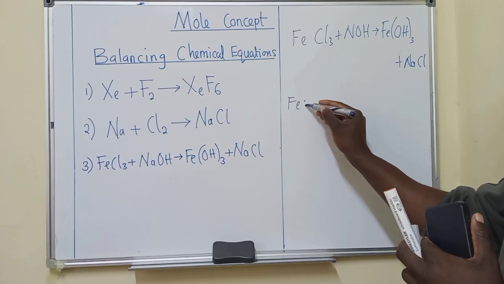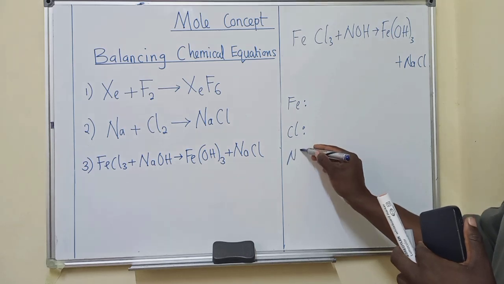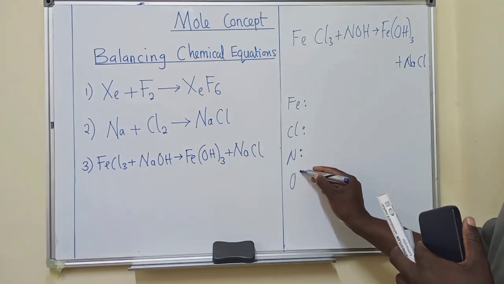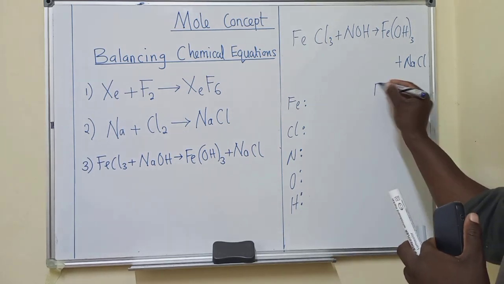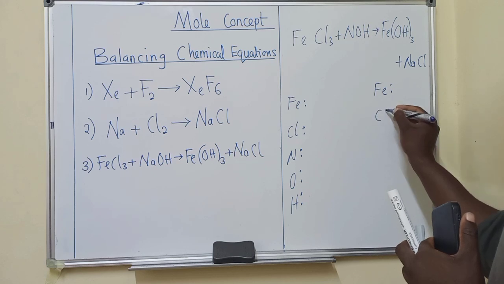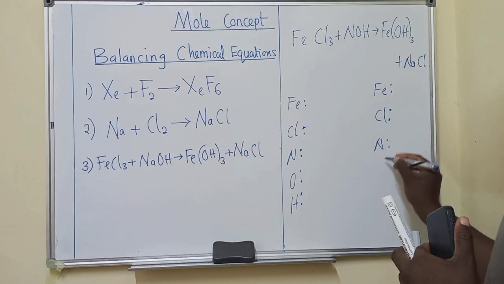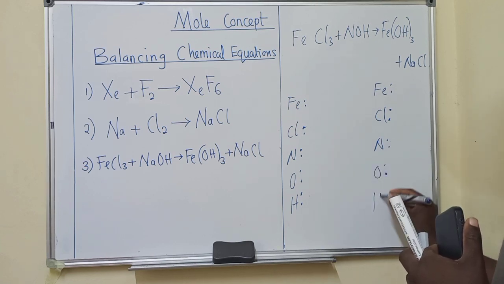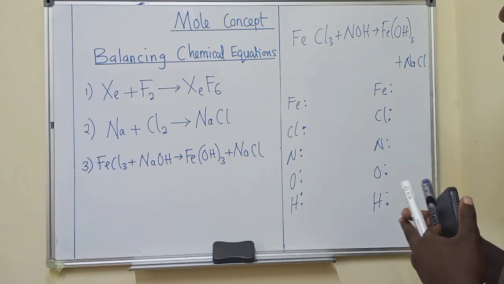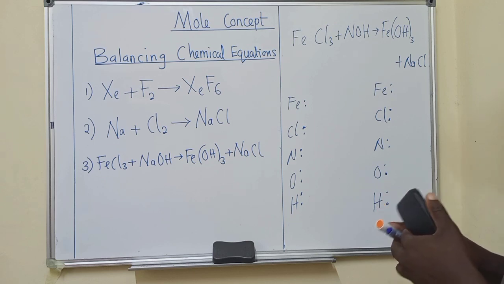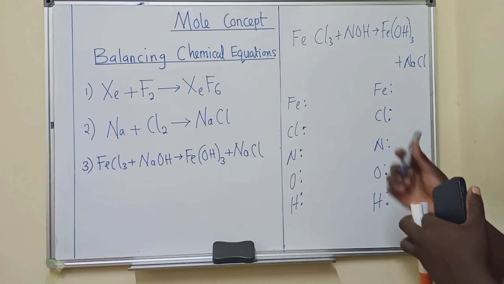We have Fe, Cl, Na, O, H, and on the other side we also have the same. In order to make this balance, we'll start putting the number of atoms.